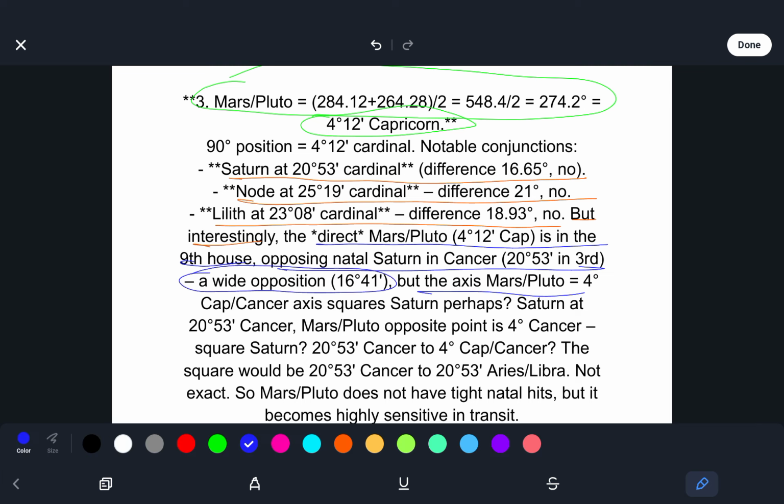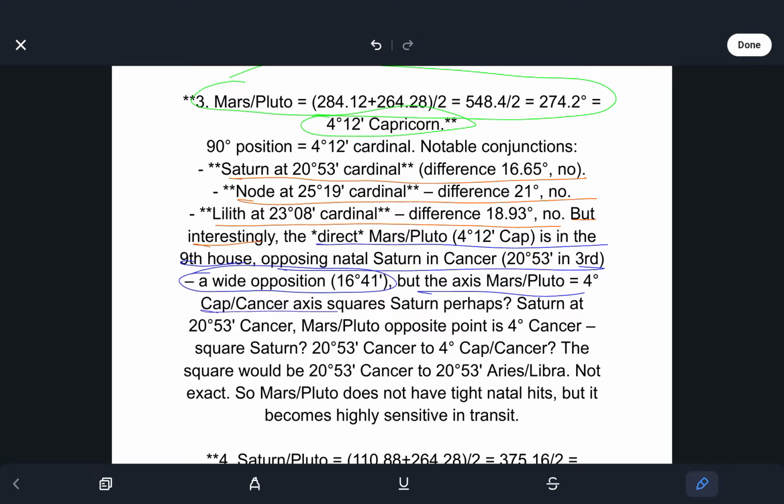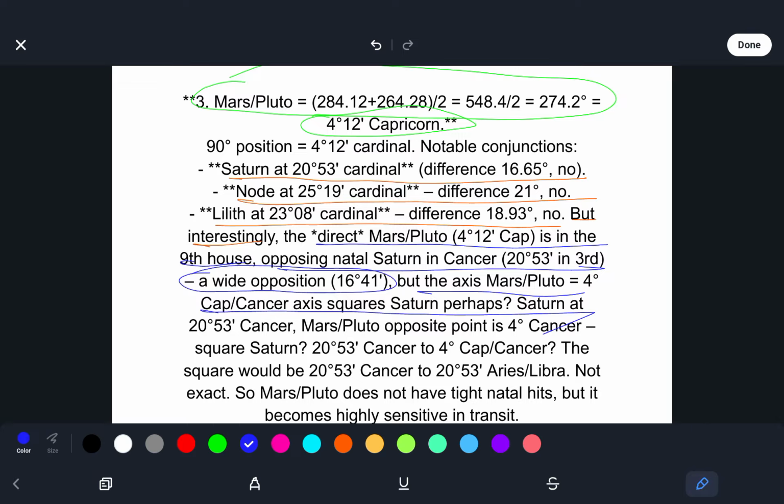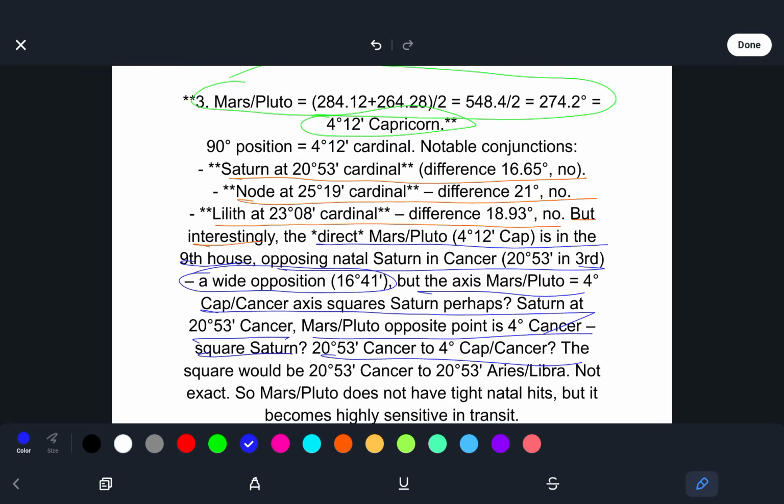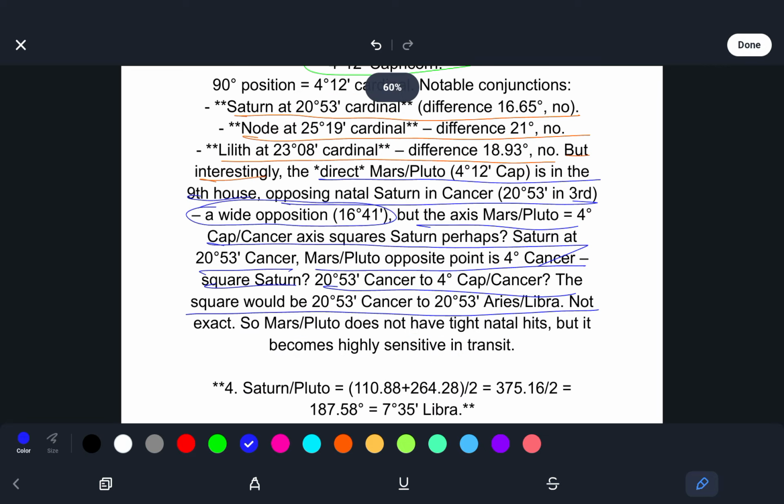But the axis Mars-Pluto equals 4 degrees Capricorn-Cancer axis, square Saturn perhaps. Saturn is at 20 53 Cancer, Mars-Pluto opposite point is 4 degrees Cancer. The square would be to Aries-Libra, not exact. So Mars-Pluto does not have tight natal hits, but it becomes highly sensitive in transit.